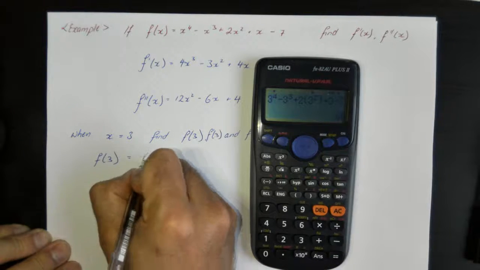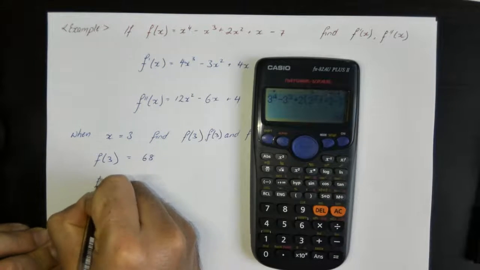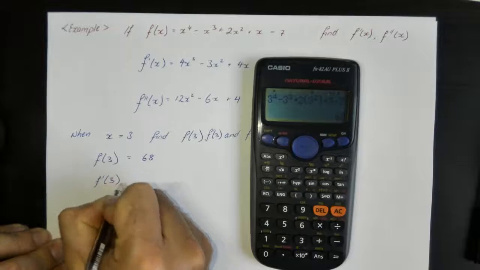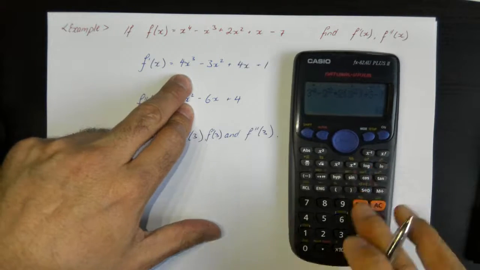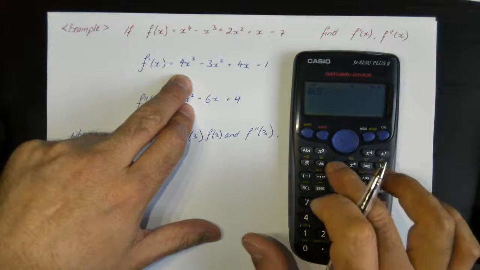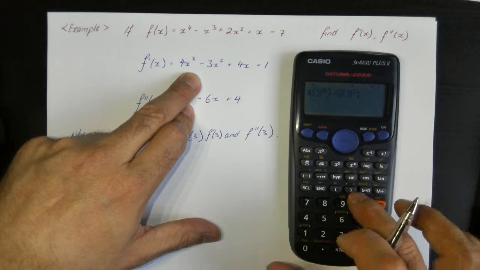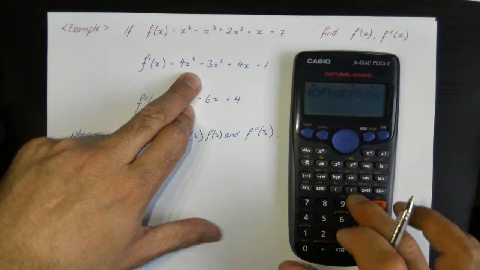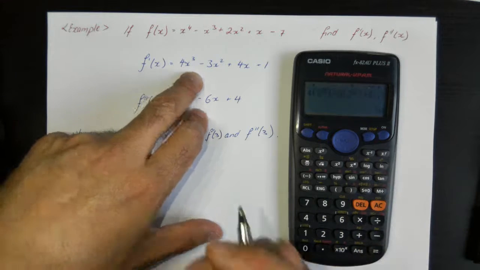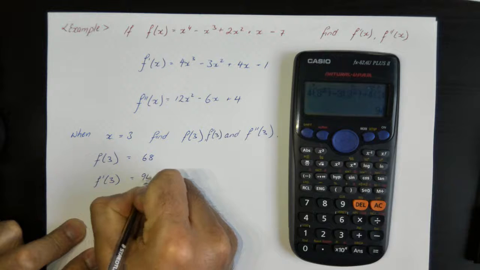We get the number 68. If I use the first derivative, so 4 lots of 3 cubed minus 3 times 3 squared plus 4 times 3 plus 1. So I have a positive gradient at that point.